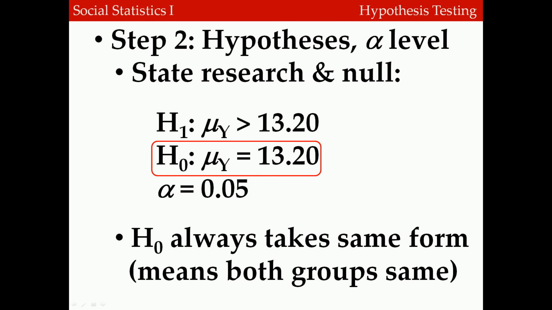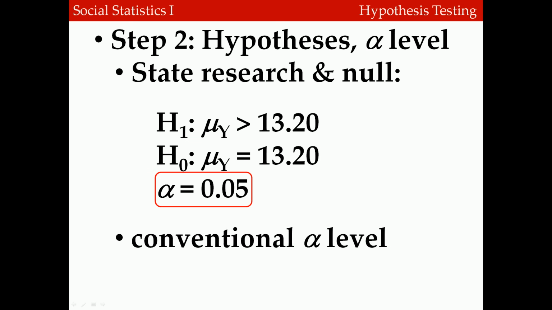And then h naught, our null hypothesis, is that the population mean, mu sub y, for the population from which the GSS was drawn, and the entire adult U.S. population in the census are the same, and they're equal to 13.2. And so notice again that h sub 0 always takes the same form. It always says that the unknown population parameter is equal to some value that we're assuming.